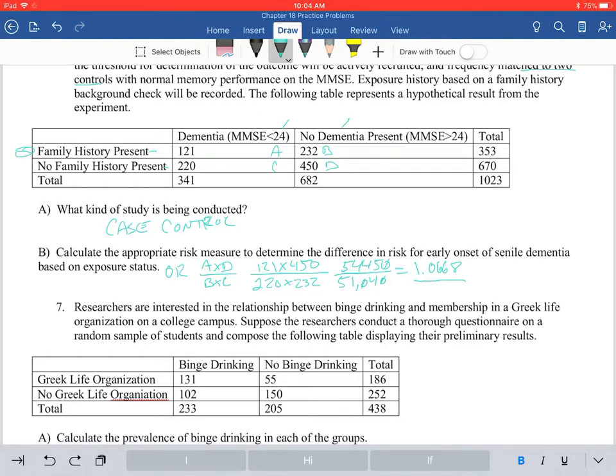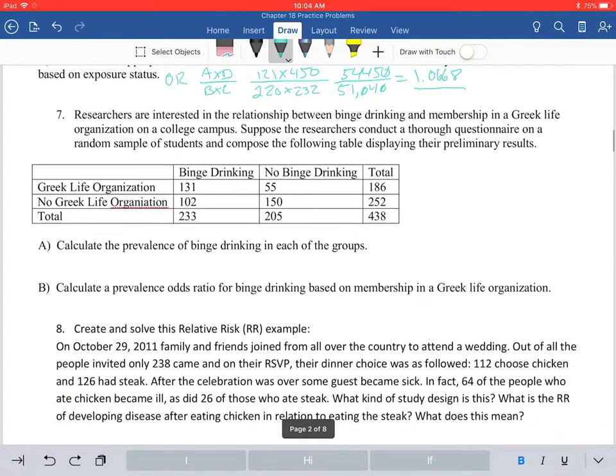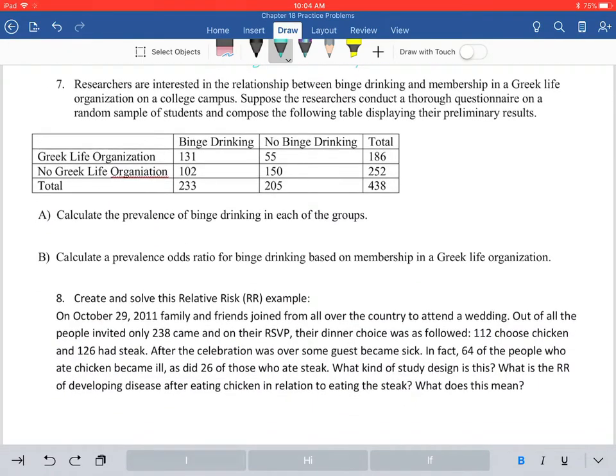It's saying that if you have family history of dementia, you are 1.0668 times more likely to have dementia later in life than if you have no family history of dementia, which isn't necessarily the biggest ratio, so it's not that high of a risk. Could you say there's a slight risk? I'd say a very, very slight risk, but not anything more. Just like with relative risk, anything at 1 is kind of no association. You can apply the same principles here for odds ratio.